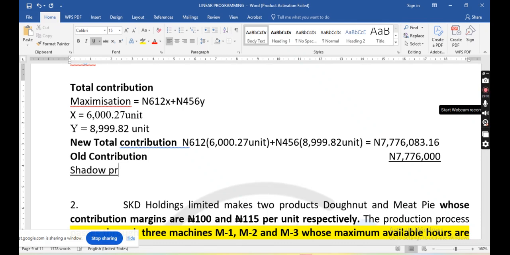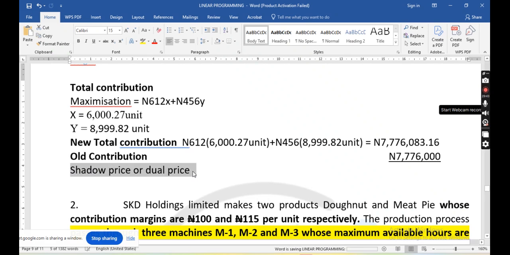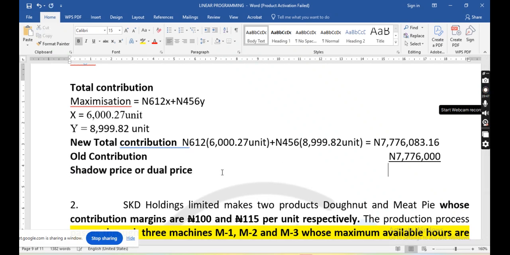Shadow price or dual price, right? The shadow price or dual price is 83.16 naira per unit.